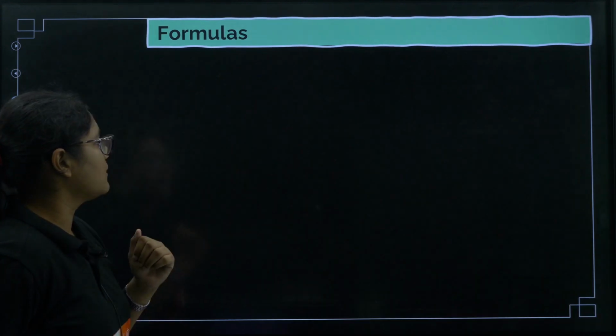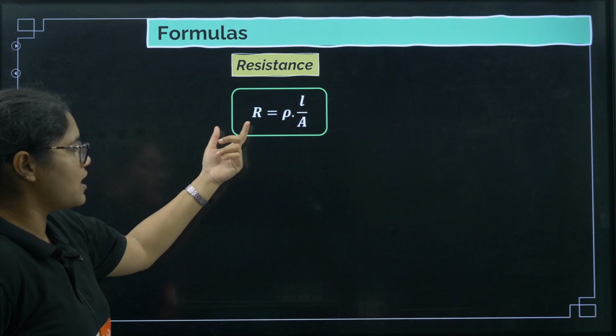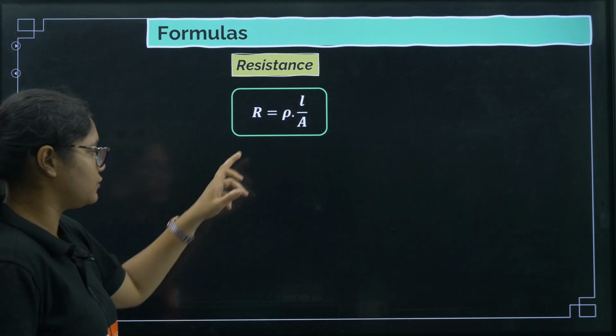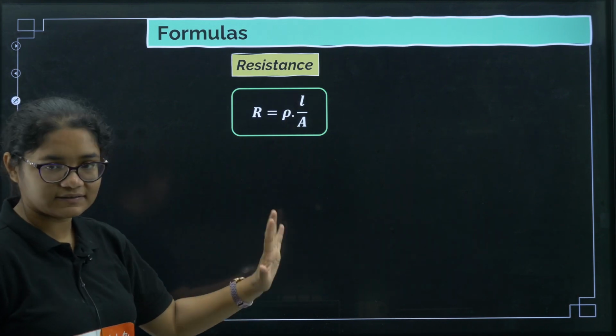Now coming to the formulas. For resistance, R is equal to rho into L by A, where rho is resistivity, L is length, and A is area.